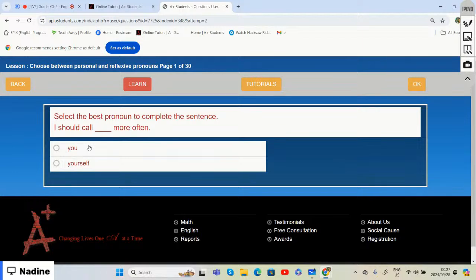Here it says, I call, do we say I call you more often or I call yourself more often? Remember, if we're referring to someone else or something else, that's a personal pronoun. But if we're referring back to yourself or ourself or myself, remember it needs to match, and that is a reflexive pronoun.